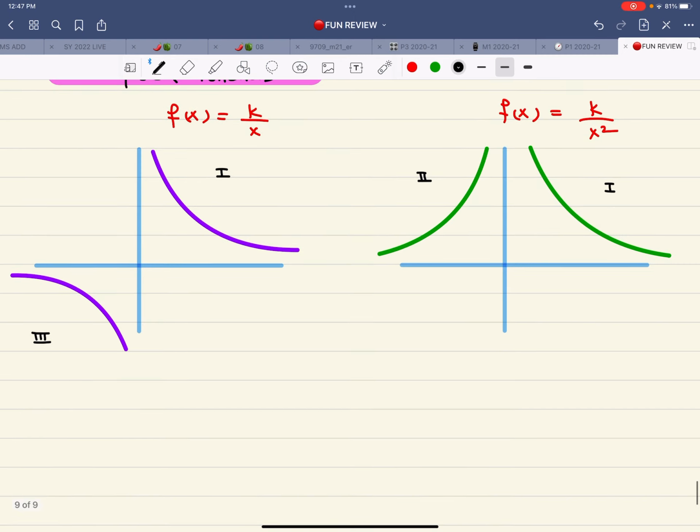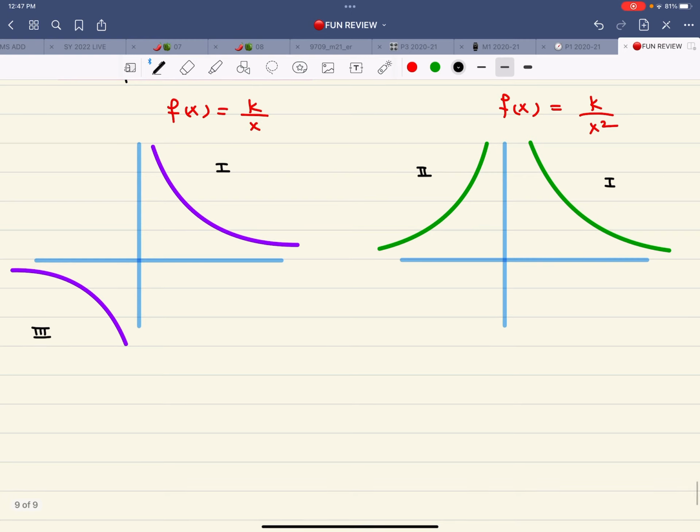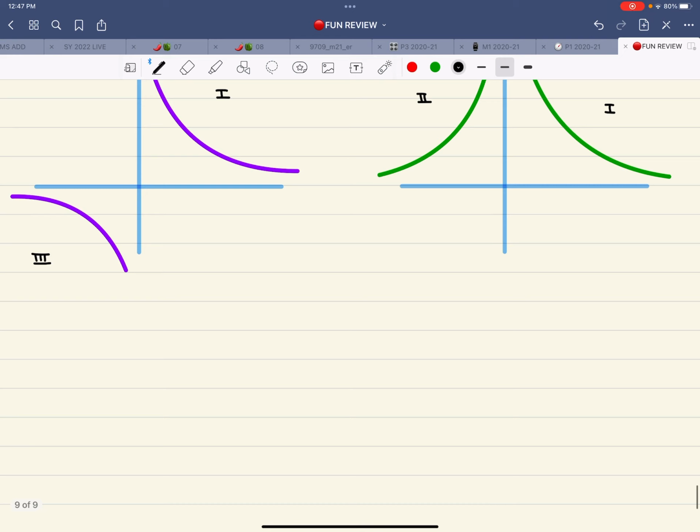Now, if I talk about the domain for this particular graph, for the first one, x is all real values of x except x cannot be 0. Because if x is 0, the function becomes undefined.